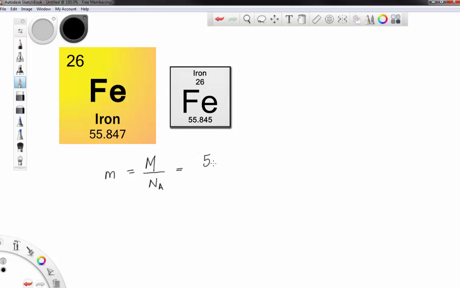So this is basically saying 55.847 grams per mole, and then we're going to divide that by 6.0221 times 10 to the 23 atoms per mole.